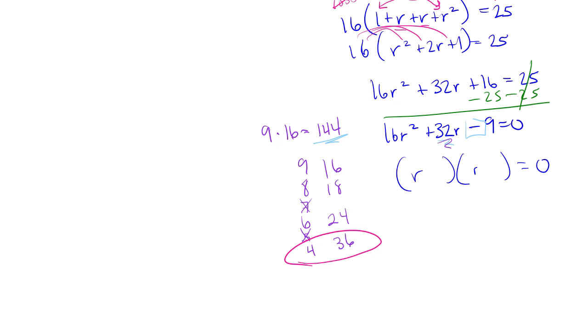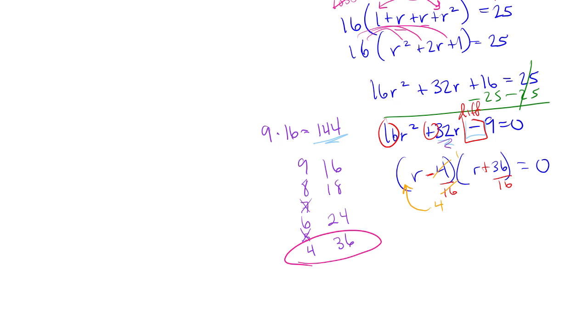So now we have 16r here, 4 here, 36 here. This tells us the sign of the bigger number. This tells us if the signs are the same or different. When it's negative, the signs are different, so the other one's going to be negative. Then we take our A and we divide by it. And so we end up with 4 over 16, which reduces to 1/4.